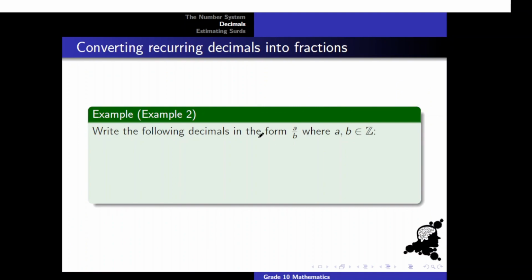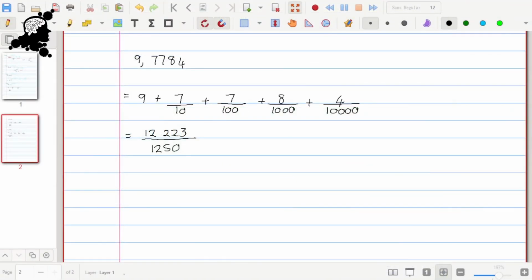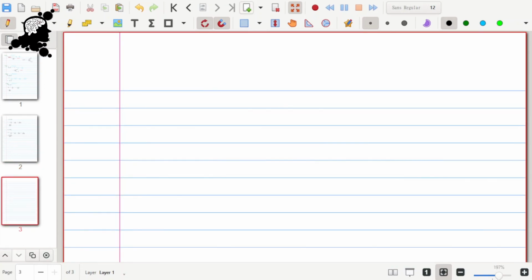This question wants us to convert our recurring decimals into the form a over b, meaning we need to convert them into rational numbers. We've got 1,666 recurring. Let's go to our writing pad, and for the sake of clearing confusion, I'm going to write this on a new sheet. So I have 1,666 recurring.